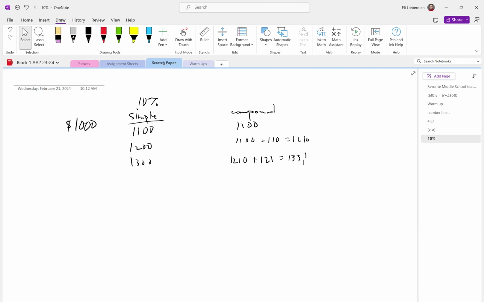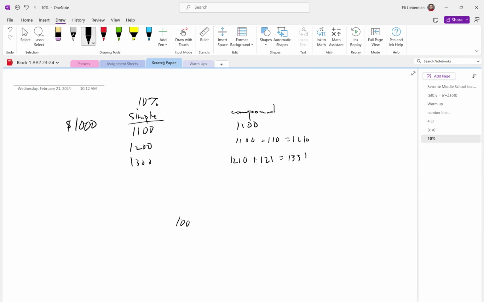So what would happen if it's compounded every 6 months? Instead of waiting the whole year to get 10%, what if after 6 months you got 5%? And then the next 6 months you got 5%. Would that be better, investor? Yeah, let's see what would happen after 1 year if it's compounded every 6 months.